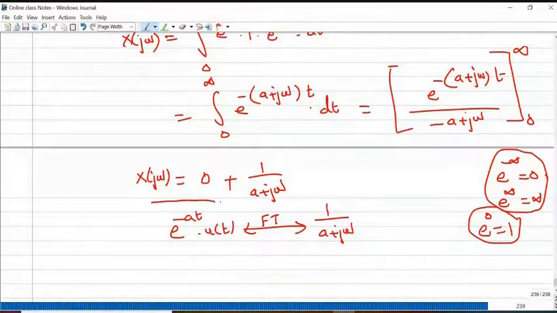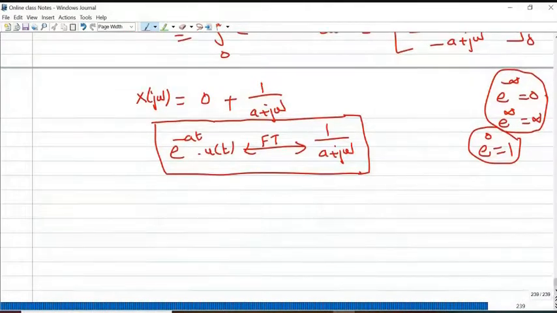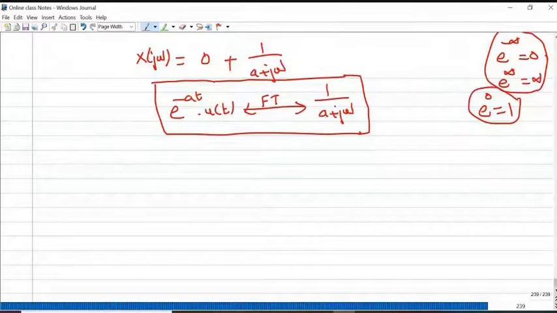So this is the second important formula in CTFT. Now the Fourier transform of e power minus at u of t we have calculated. Next, draw the magnitude spectrum and phase spectrum.